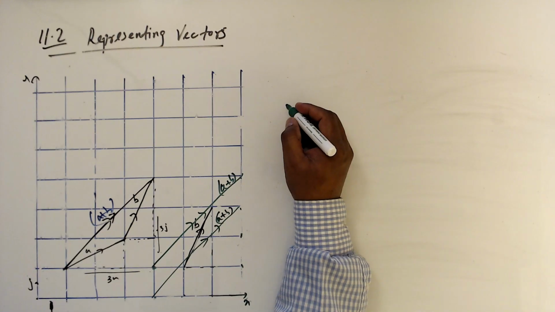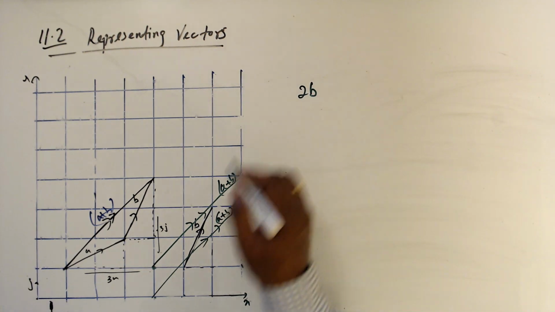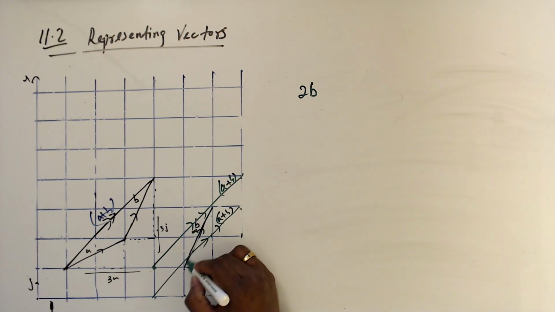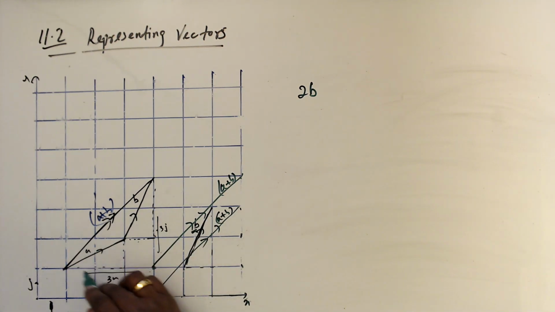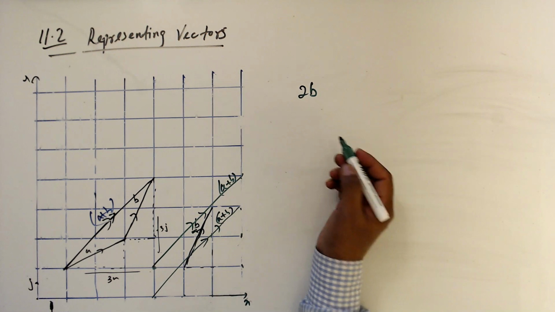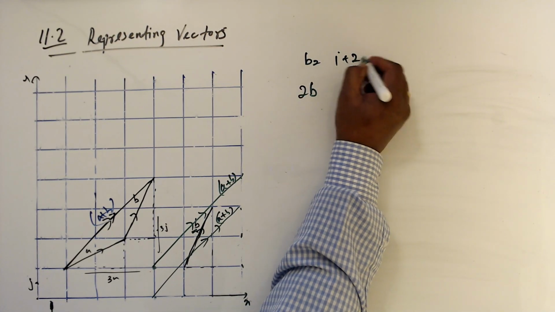Now we'll consider 2b. So we have b here. This is the initial b we took, and this is the other b. Basically b is i plus 2j.